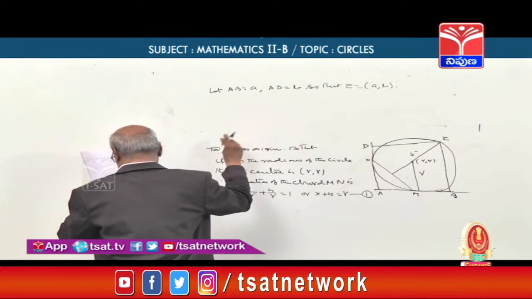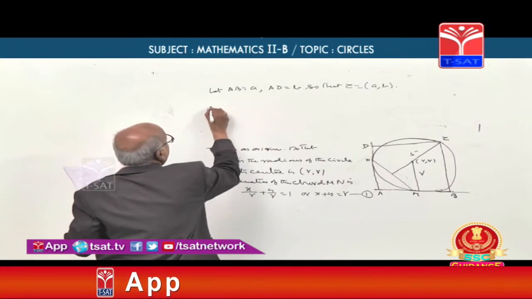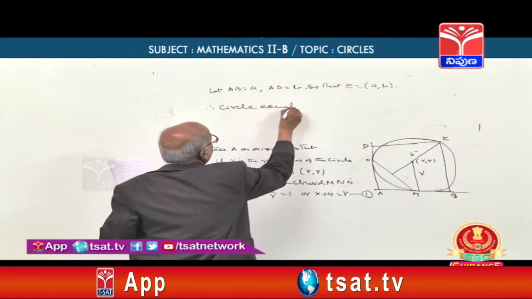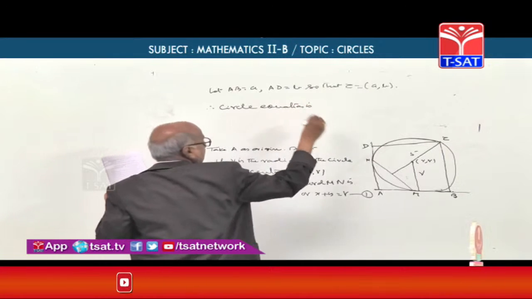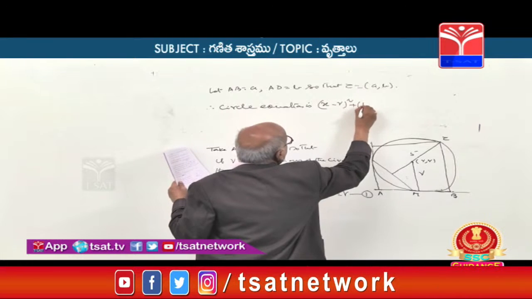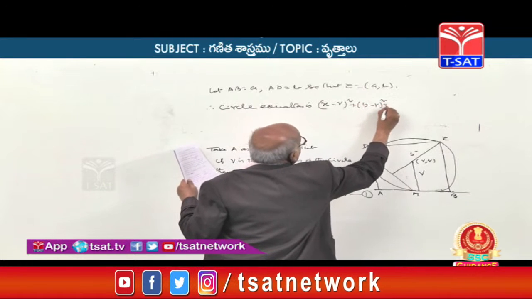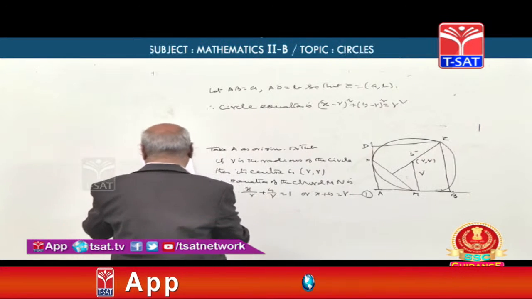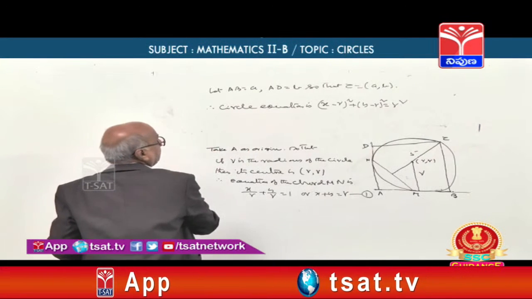Now, the equation of the chord you got this. Now, the circle equation is x minus r whole square plus y minus r whole square is equal to r square. That is the circle equation.